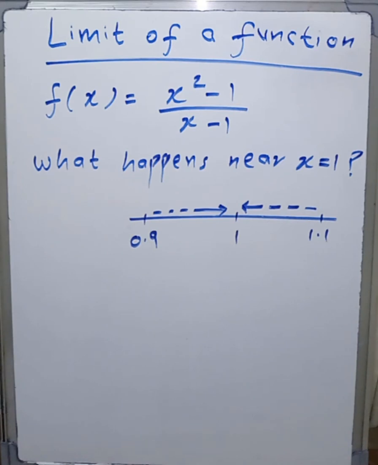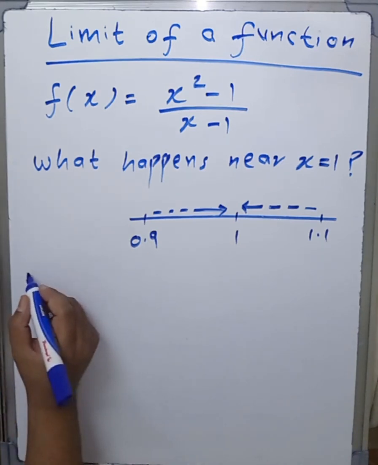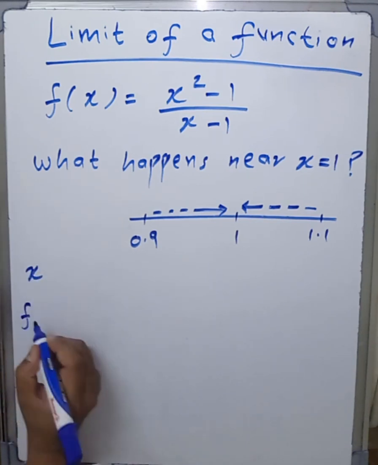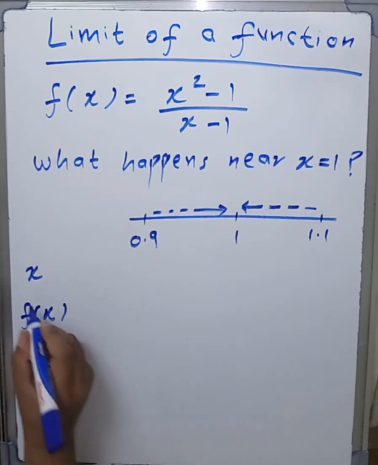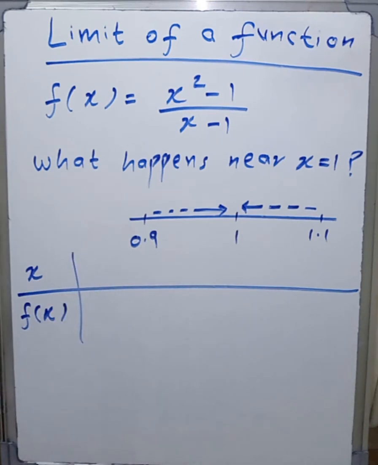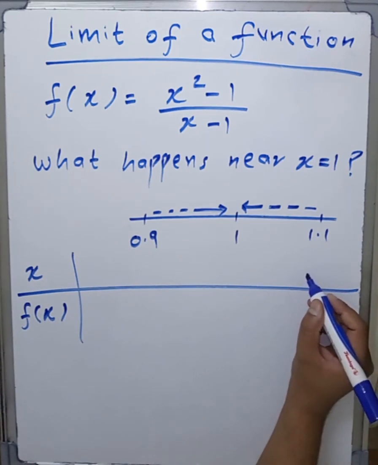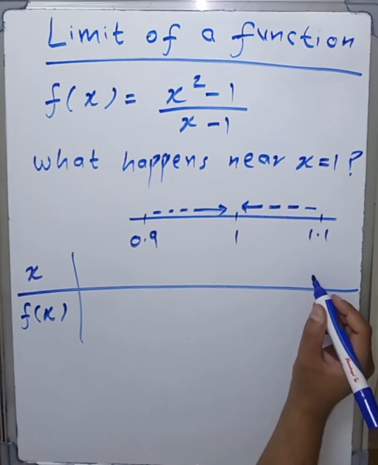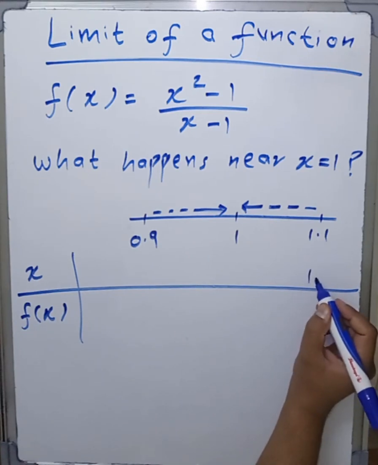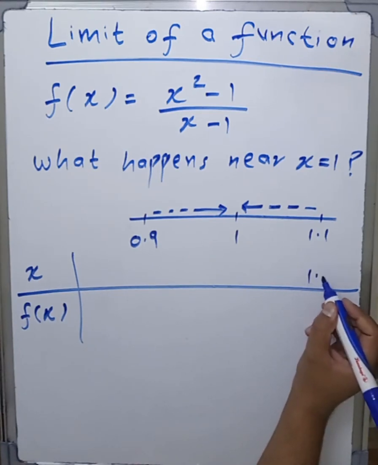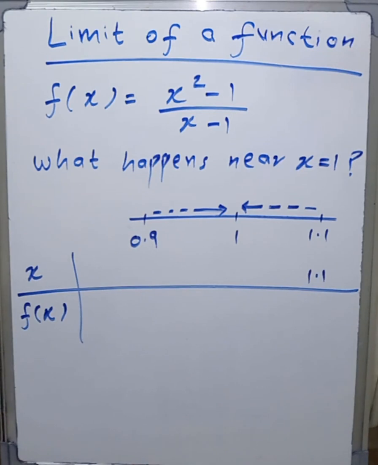So again, let us make a table to understand it better. x, f(x). Let's start from the right side just to observe it in a simpler manner. Let's take x equal to 1.1.